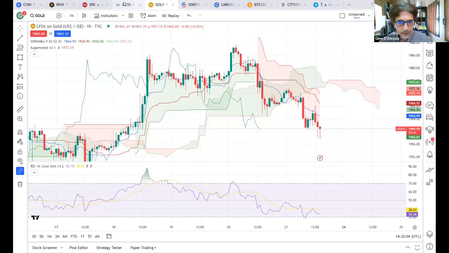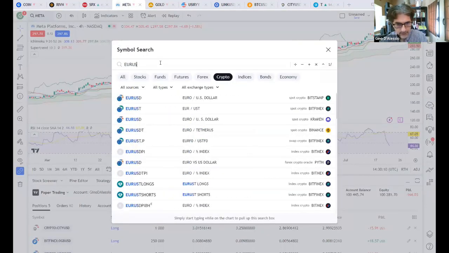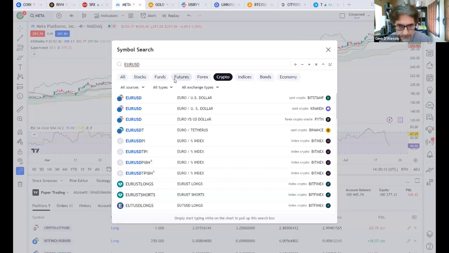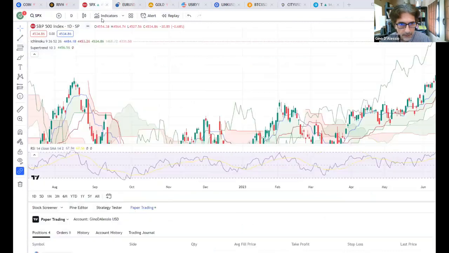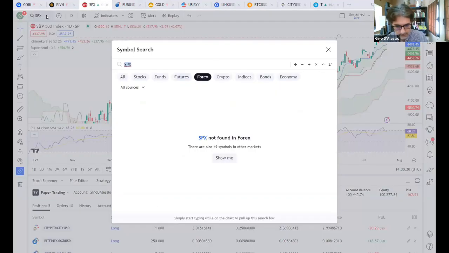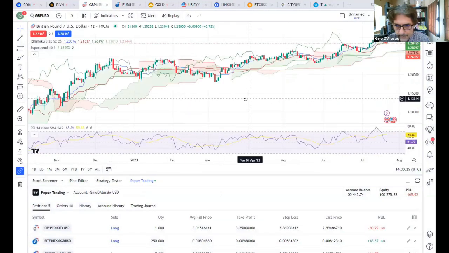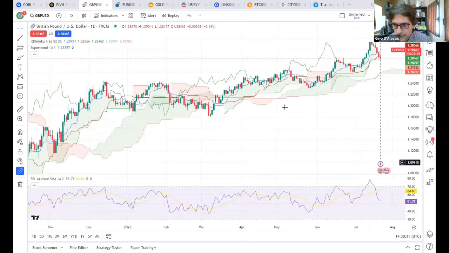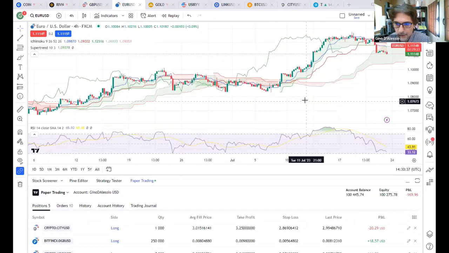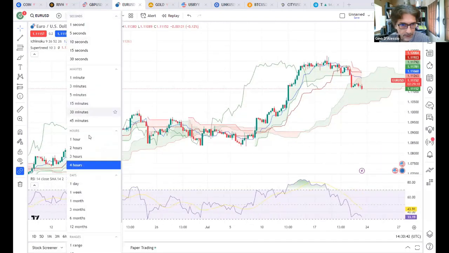So if we look at another chart, this is sterling dollar, and we look at euro dollar, and we can see a very similar chart, even better on the day chart.